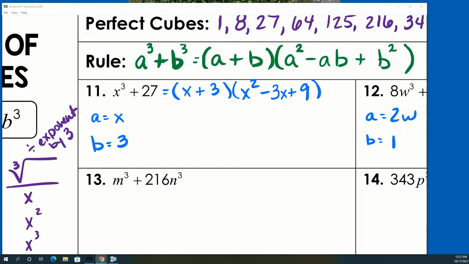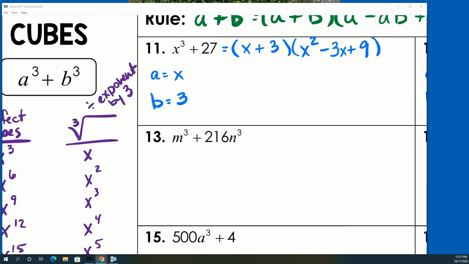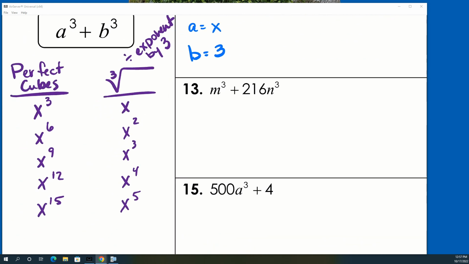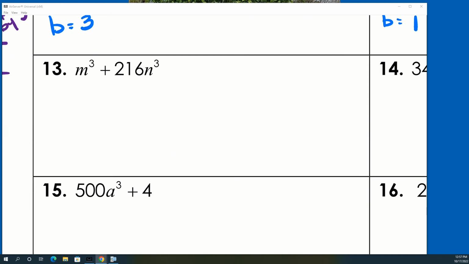Okay, so when I look at this one, I do see that 216 is in my list of cubes. And m cubed and n cubed are basically the same as x cubed. So this is going to be the sum of cubes. Right? A is the cube root of m cubed, which is just going to be m.